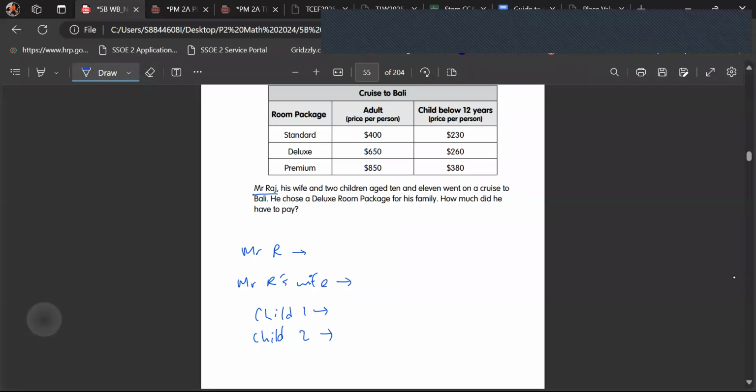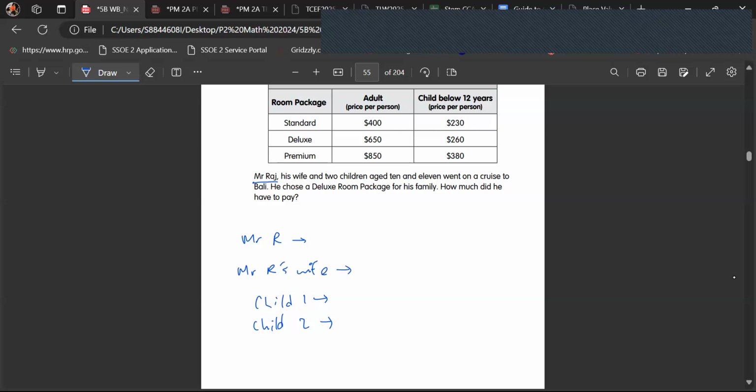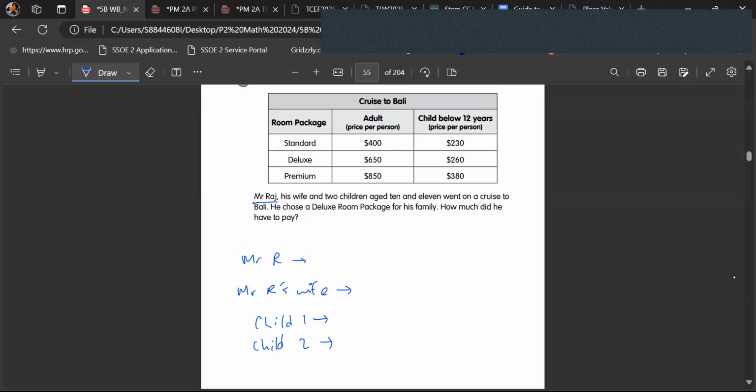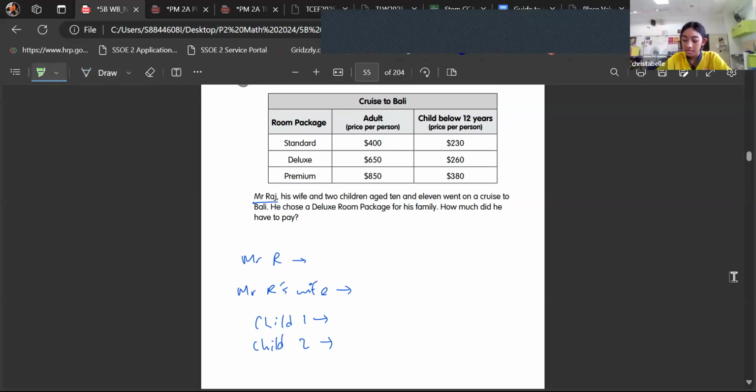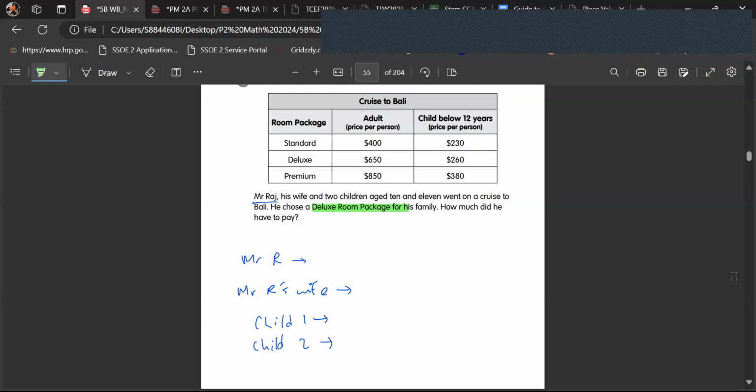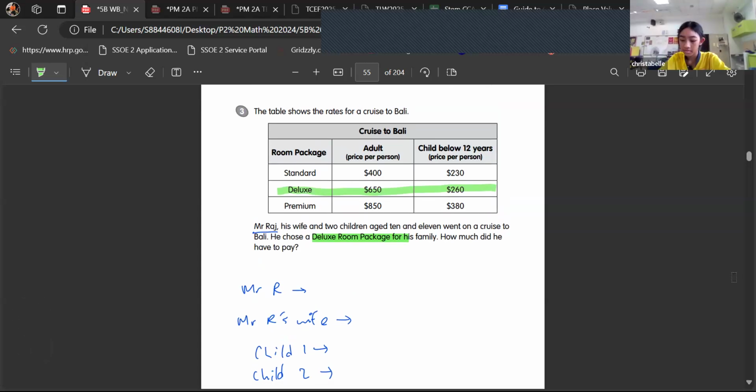All right, so one of the ways is by listing it. Mr. Raj is an adult, so you are looking for Dulux. Highlight Dulux room package. Okay, not that difficult, right? Moving on to the next question.